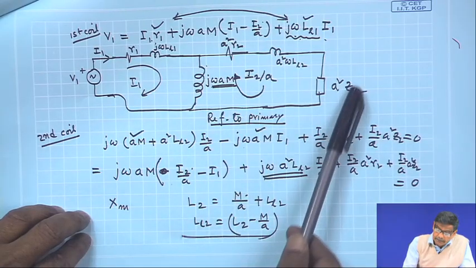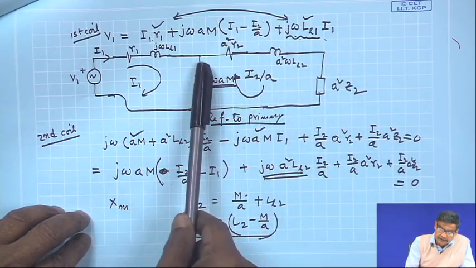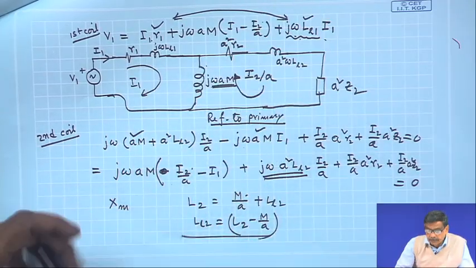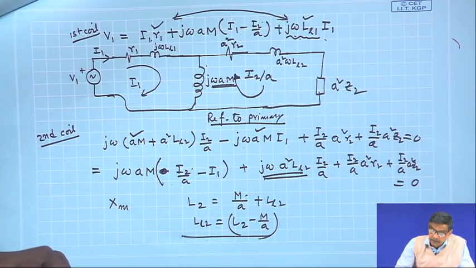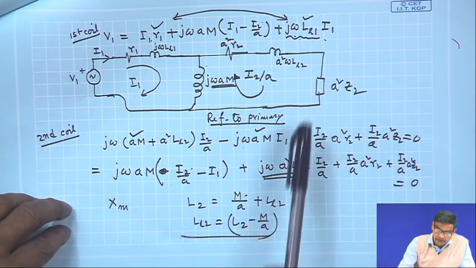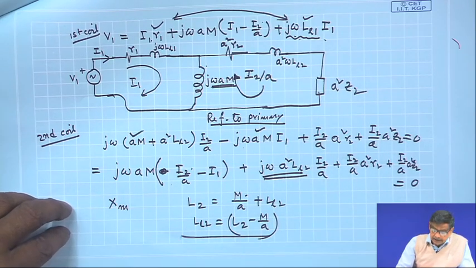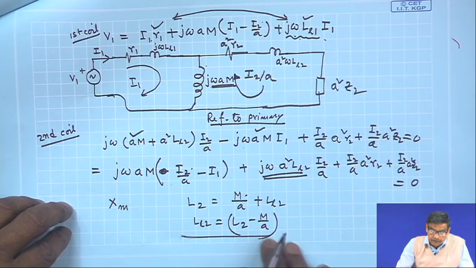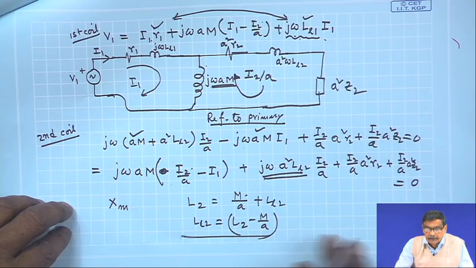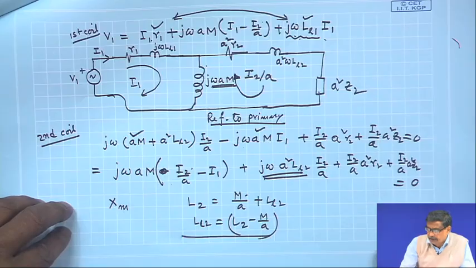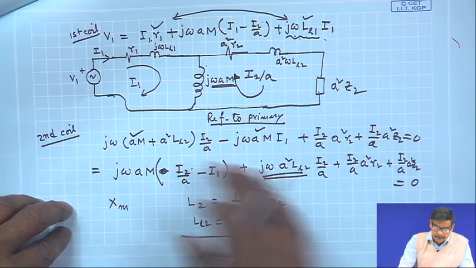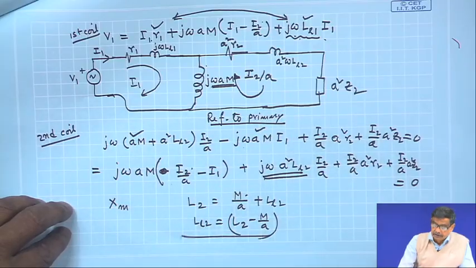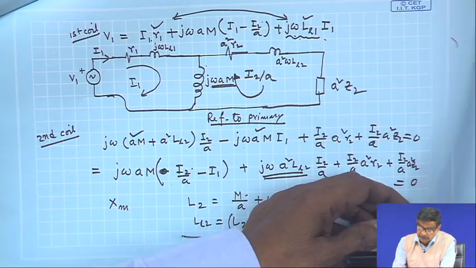And all the impedances on the secondary side are reflected as a squared into R2, a squared into omega L2, and so on, a squared into Z2. I will just ask you to find out the equivalent circuit of the transformer referred to the secondary side. I leave it as an exercise to you, how this equivalent circuit will look if I want to draw it with respect to side 2.